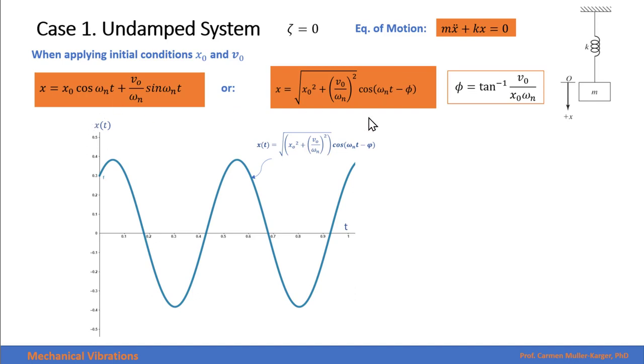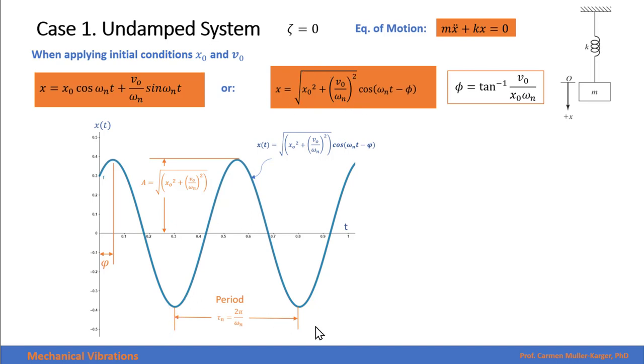Let's see a graph of this curve, and as you see, this is an oscillatory motion. The phase angle is this one right here. The amplitude remains constant. This is the amplitude, and this is this value right here.